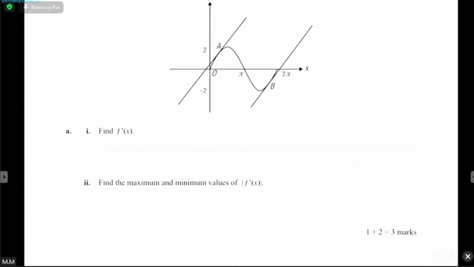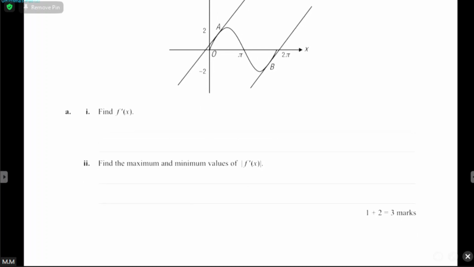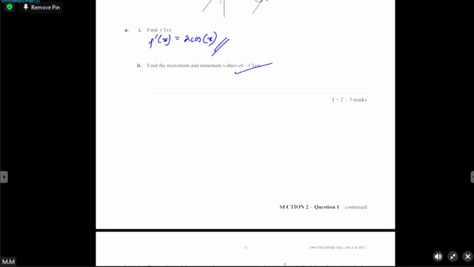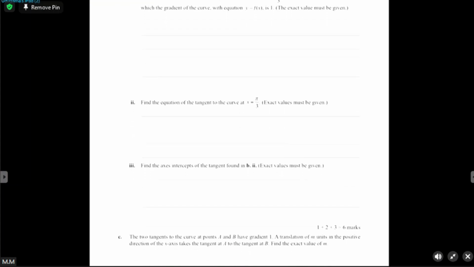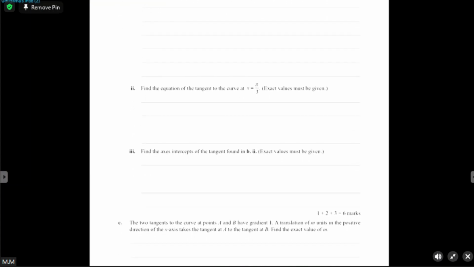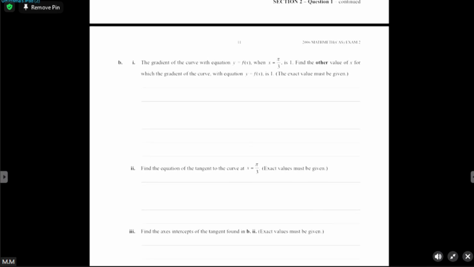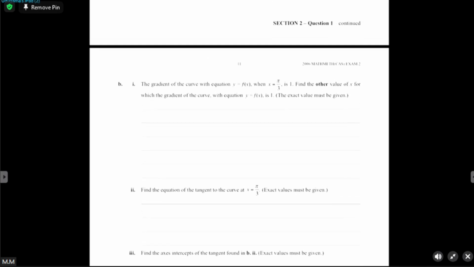So here f dash of x is just simply 2 cos x. This is mod, so we'll leave that. So for b, you're finding when f dash of x is 2 cos x.